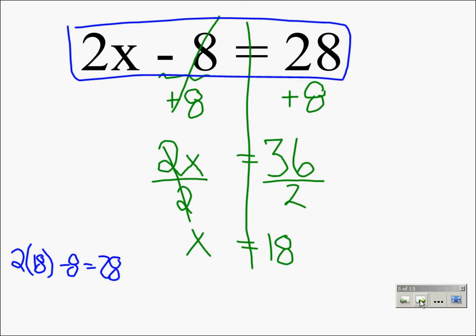Rules of order of operations tells me to start with multiplication. 2 times 18 is 36. 36 minus 8 equals 28, and 36 minus 8 is 28, which is what I wanted. So that worked out. Okay, let's try another one.